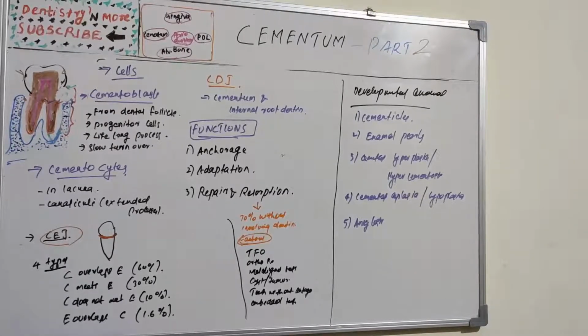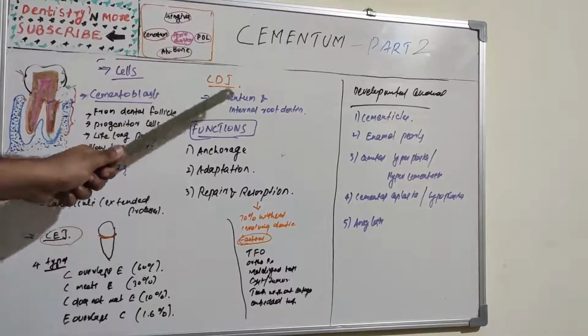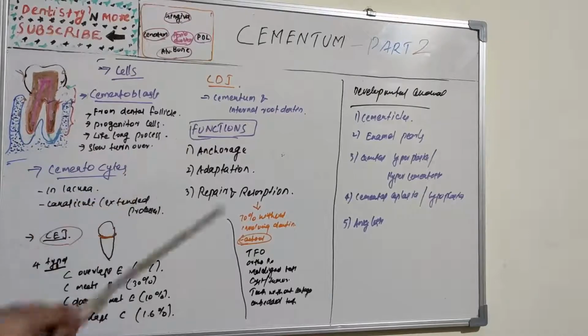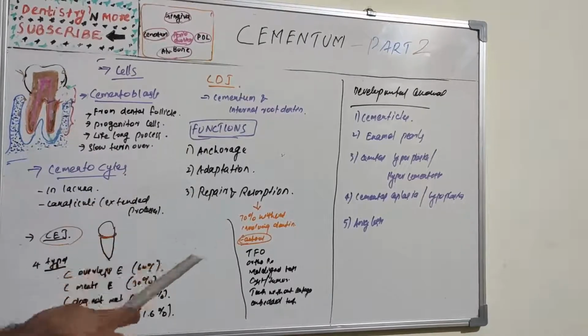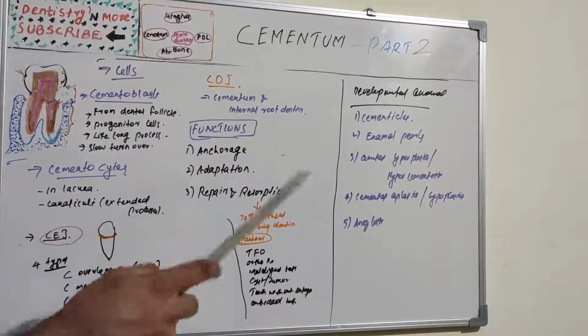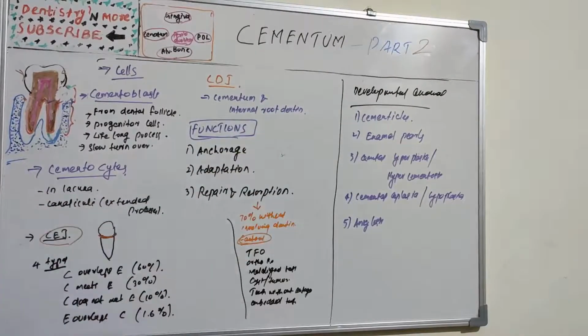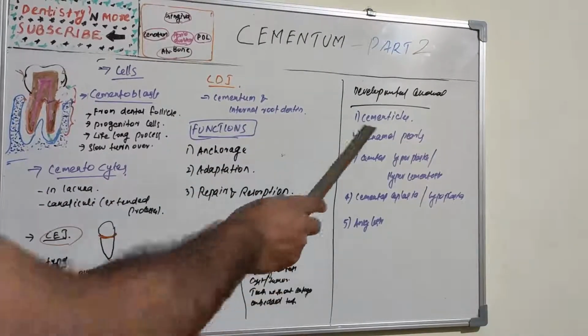So that's all about cementum. We were talking about the cells, cementoblasts and cementocytes, and we discussed the cemento-enamel junction and its 4 types, the cemento-dentinal junction and its various functions: anchorage, adaptation, repair and resorption, and the developmental anomalies associated with cementum, that is cementicles, enamel pearls, cemental hyperplasia.